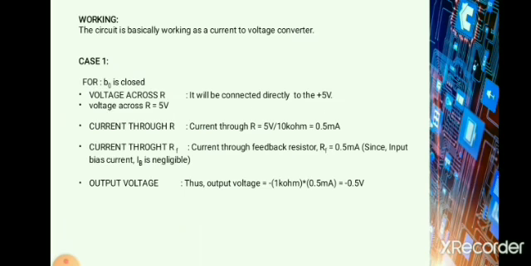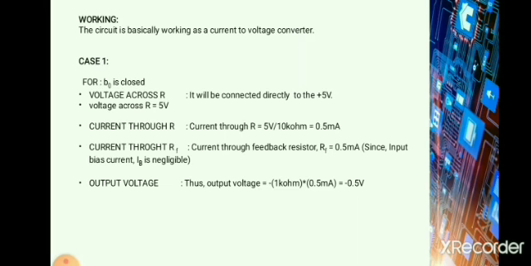Now looking into the working, this basically works as a current to voltage converter. Case 1 is when B0 is closed. So when B0 is closed, the voltage across R will be such that it is connected directly to the plus 5 volts. So the voltage across R will be 5 volts.